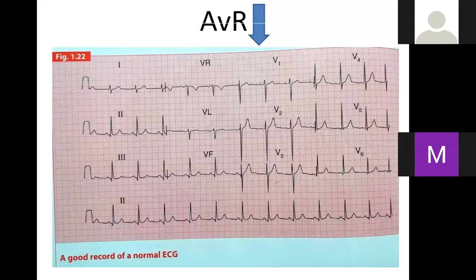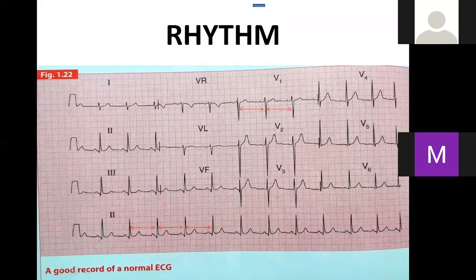Second thing, whenever you are learning ECG, people will teach you with the rate, but we will see the rhythm first. Why rhythm first? Because for the rate calculation, we need to know whether the patient has a regular or irregular rhythm.